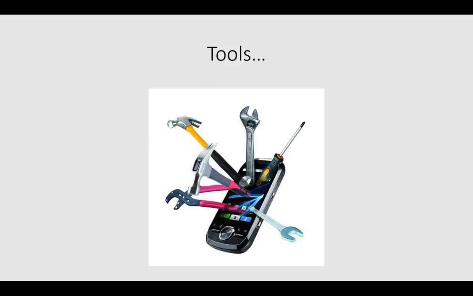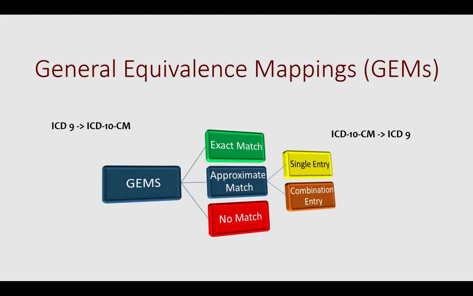So obviously books are not the answer. Now let's take a look at tools. The most common form of tool are known as the General Equivalence Mapping Program, the GEM programs, and there's lots of them available online. CMS provides them. The problem with general equivalence mapping programs occurs when there is not an exact match.